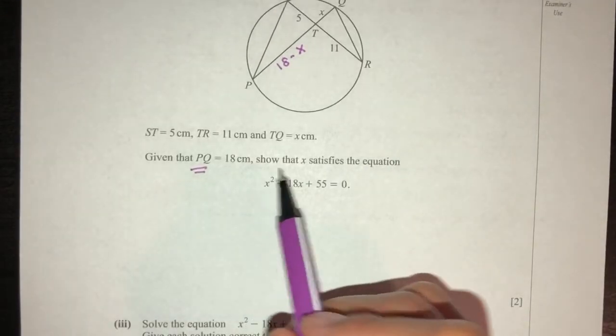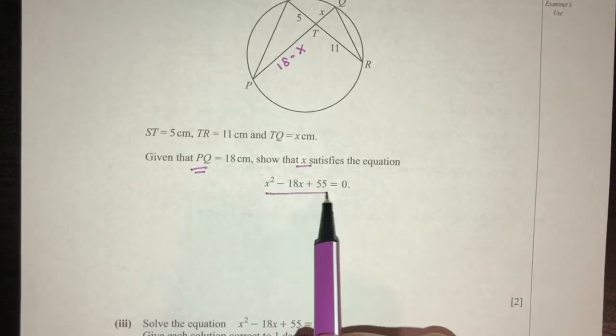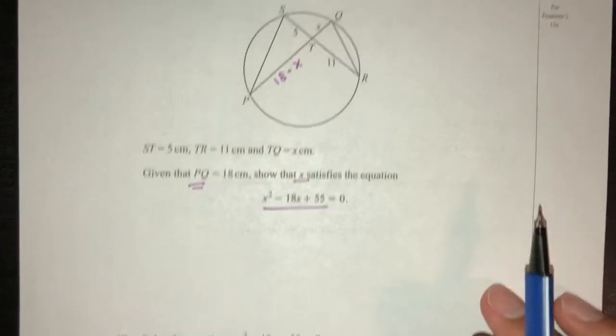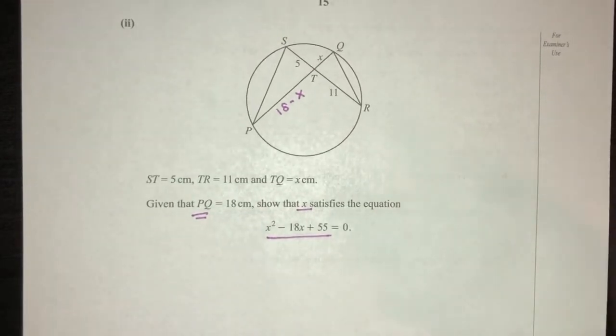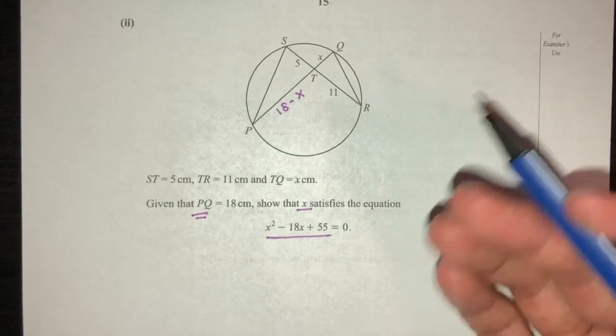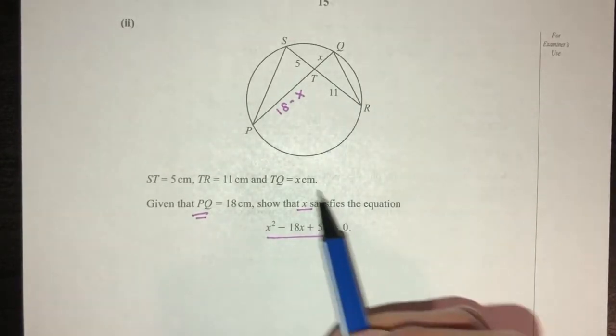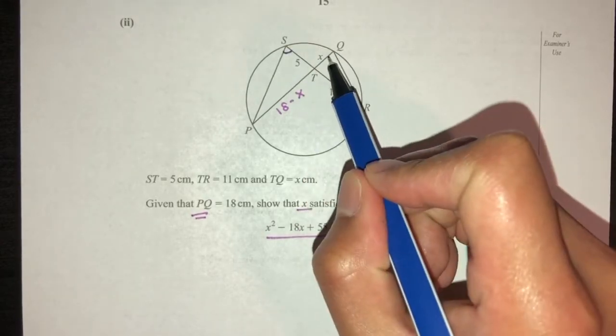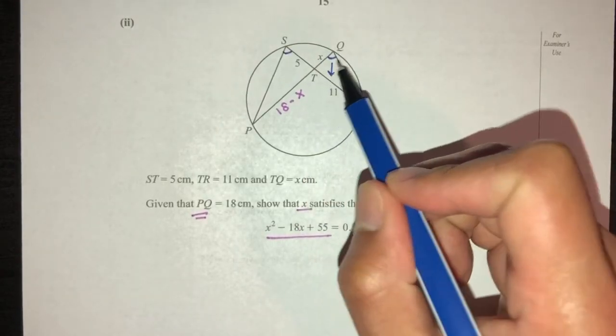Now, we have to show that X satisfies this equation. How can you form an equation for this diagram? We have to use your answer for part 1, because now we know that these two triangles are similar. We have to use similarity or proportionality to find an equation in terms of X. We know these two angles are the same, so these are the sides, right?